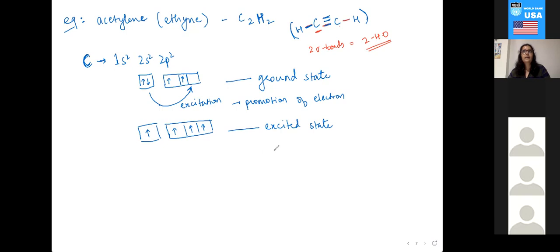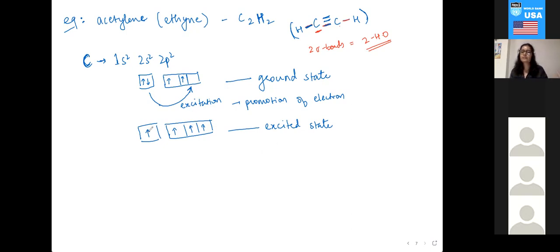But there are other cases, like we'll come across situations when promotion is not necessary also. In this case, carbon has to form 4 bonds. So that's why all 4 of them have to be in different orbitals. Correct. So all 4 orbitals need to have a single electron in them.